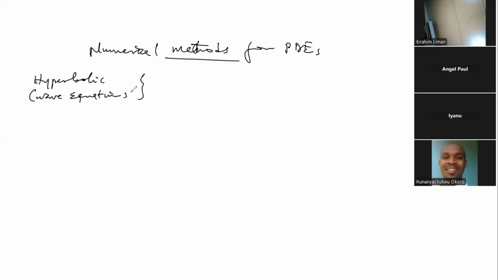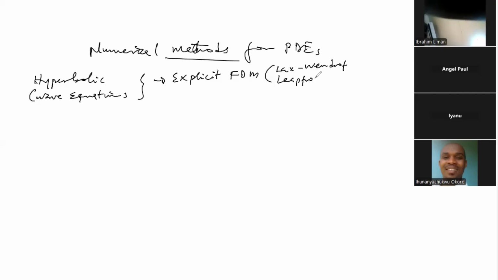So some of the methods that may apply are the explicit finite difference method. And there we want to consider the likes of the Lax-Wendroff. We also want to look up the leapfrog and also the upwind for the finite difference method.